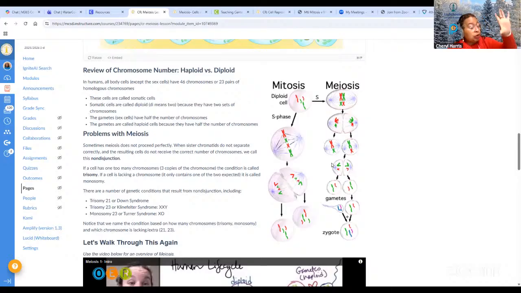So the first part of meiosis looks like mitosis, and then those resulting cells split again. So here we get 2 cells, and then those 2 cells are going to make 4 cells, because each of those 2 are going to split again. And they're going to create haploid cells until fertilization takes place.